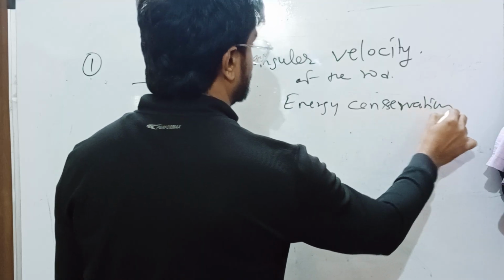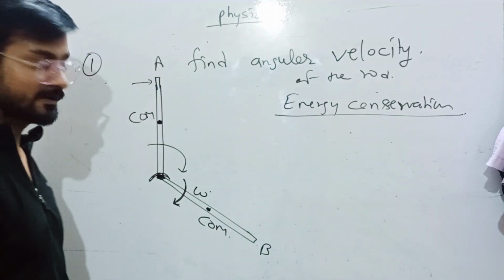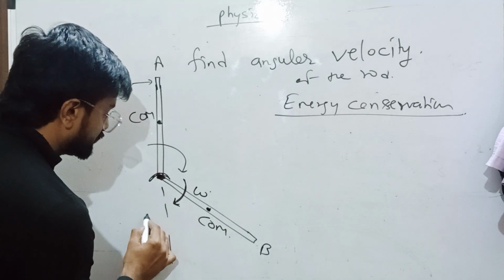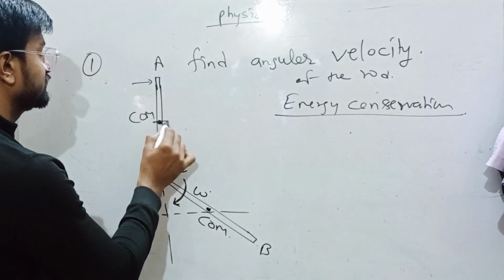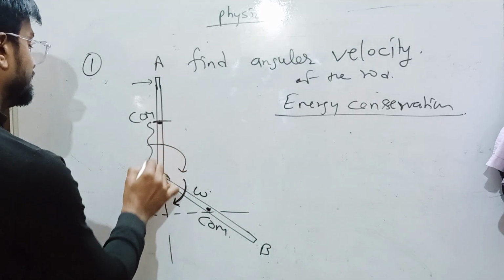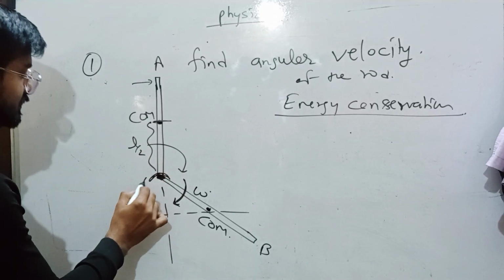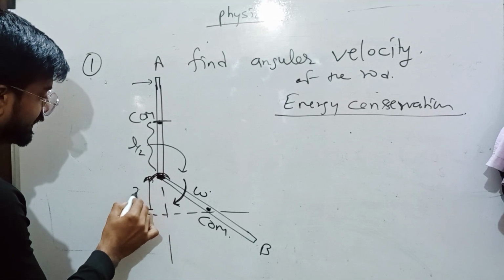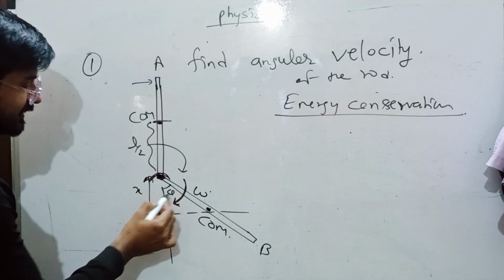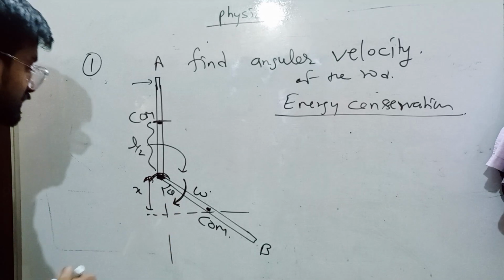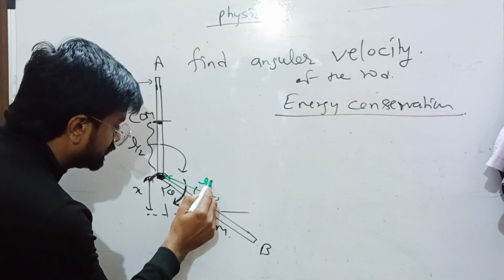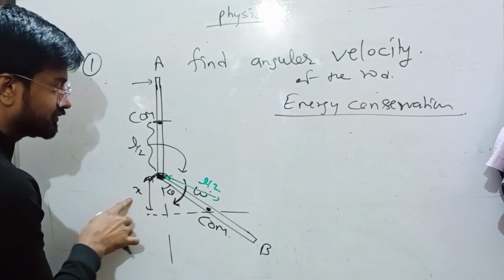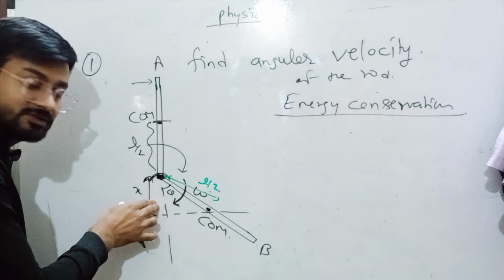Let's see how much the COM has dropped from this point. This length is L by 2 and the second height is x, and x can be calculated as L by 2 cos theta.